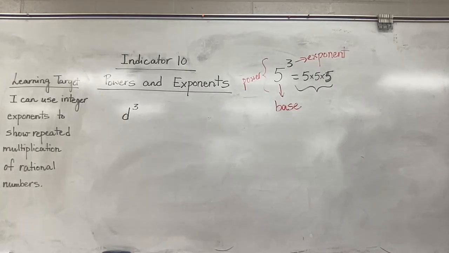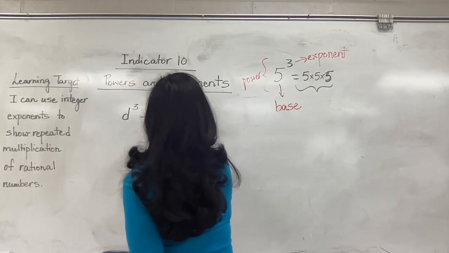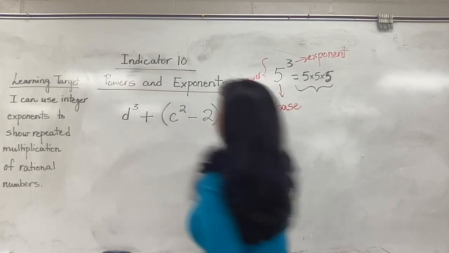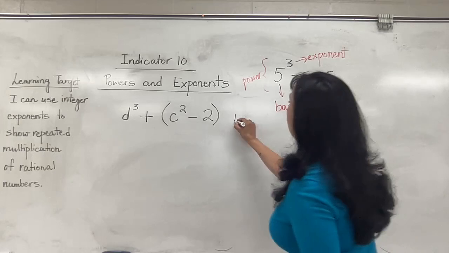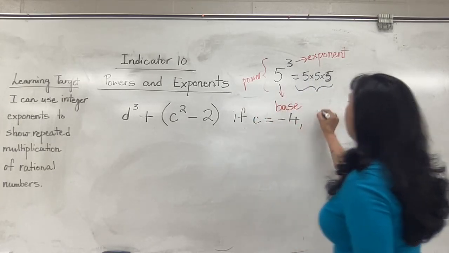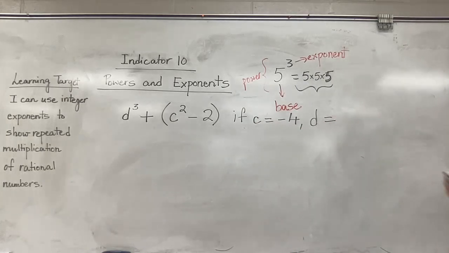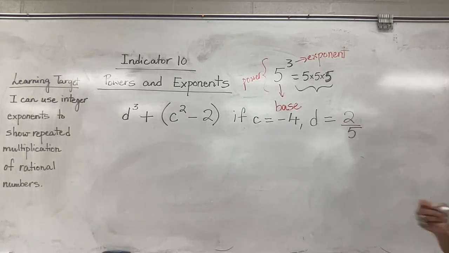And to this, I'm going to do plus c squared minus 2. And then if c is equal to -4, and d is equal to 2/5. Okay, so I've been given this.